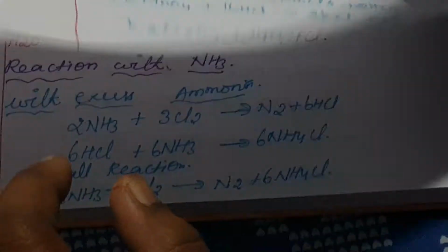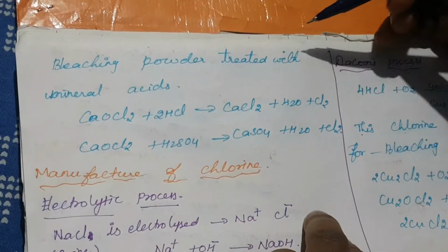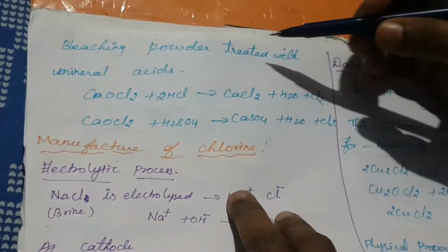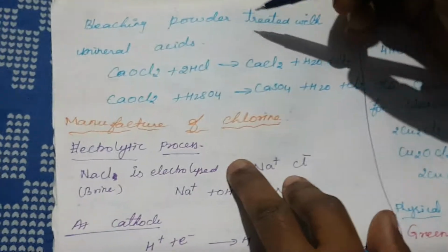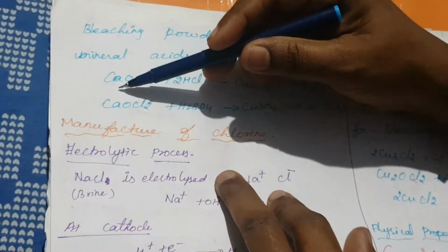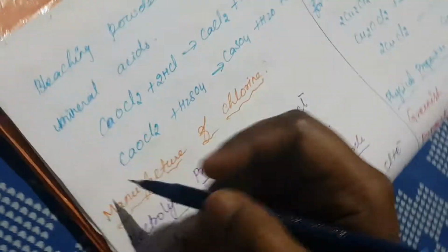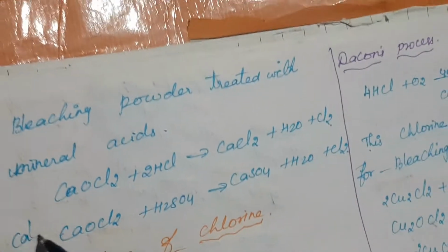Next is the bleaching action of chlorine. Another method of preparation of chlorine is from bleaching powder treated with mineral acid. What is bleaching powder? The other name of bleaching powder is calcium oxychloride.